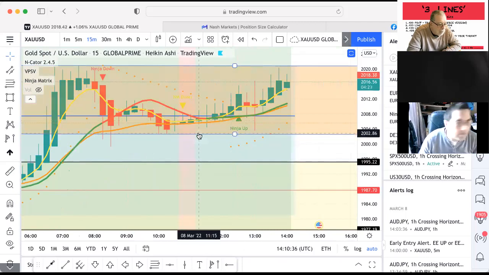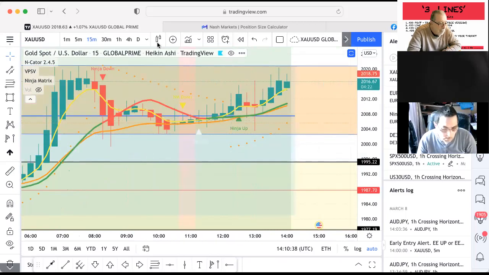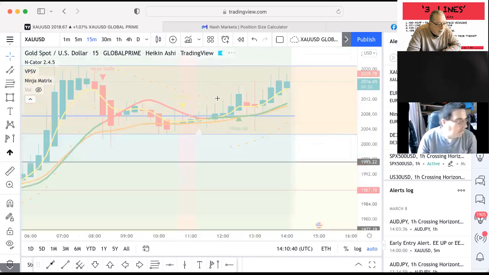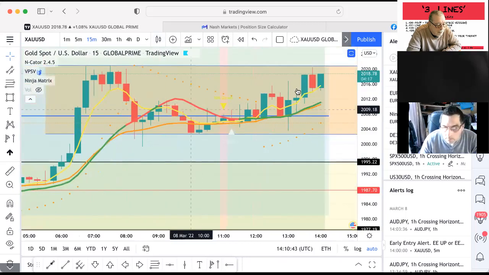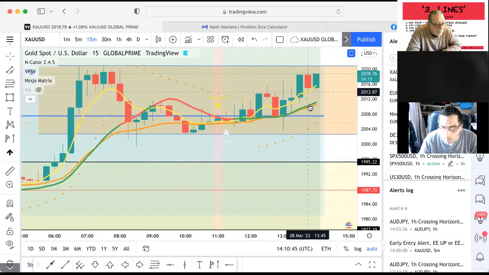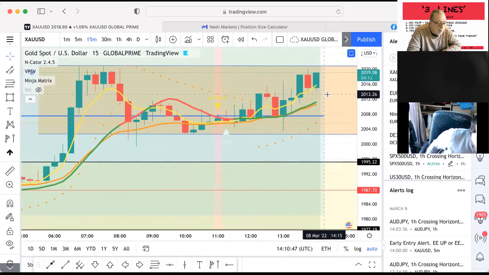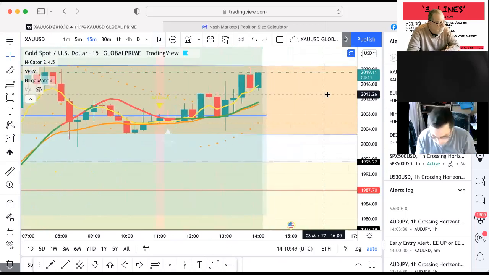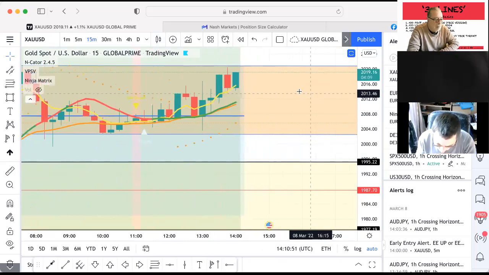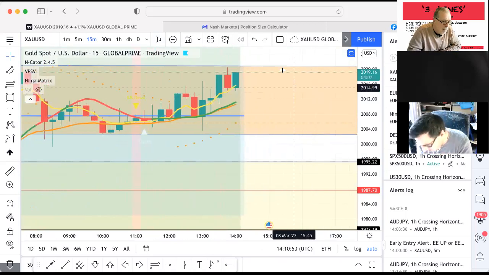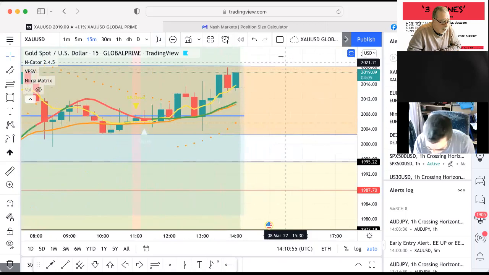So ninja matrix up, ninja up, and we've got the 5 moving average above the 13 moving average. So everything's looking like it should go ahead for a buy, with the caution of don't get caught in that stop hunt there.